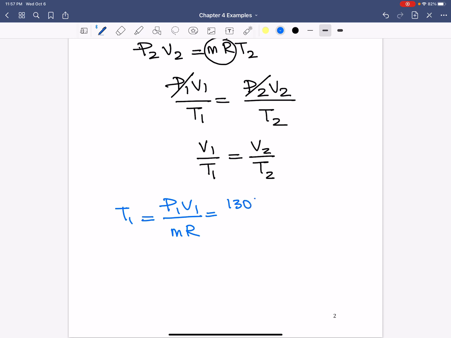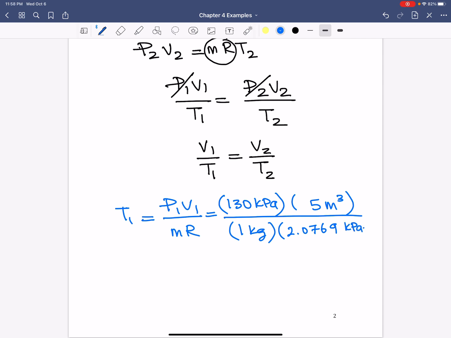130 kilopascal, 5 meter cube. M is 1 kilogram. R is given, 2.0769 kilopascal times meter cube per kilogram Kelvin.